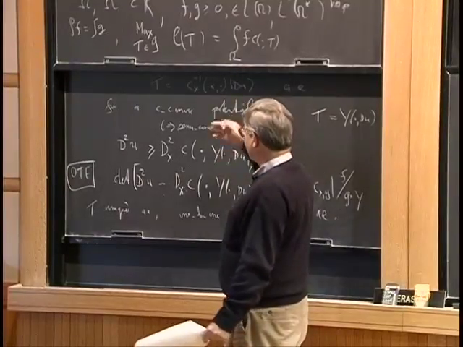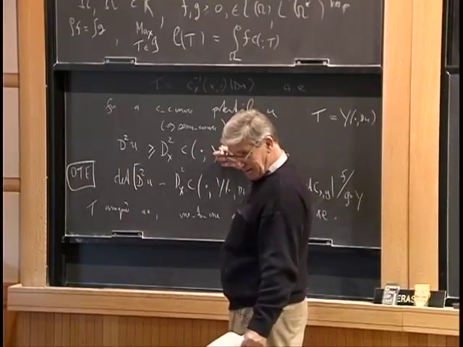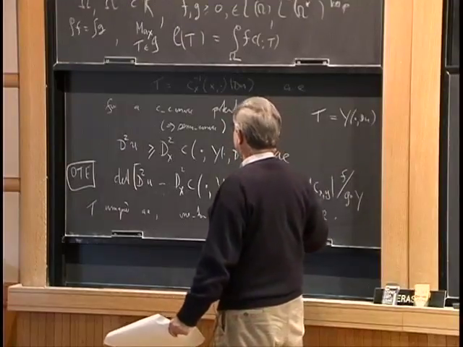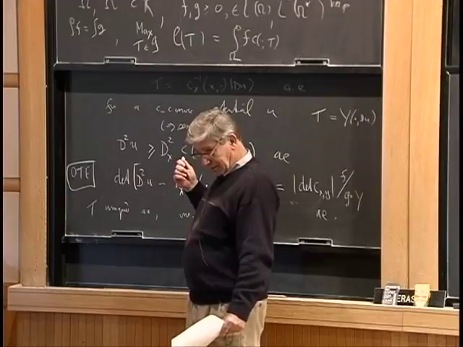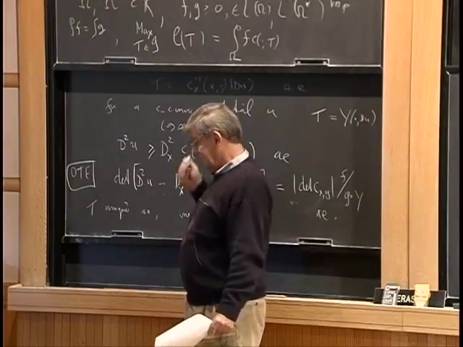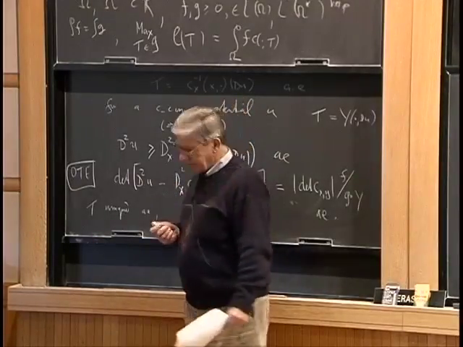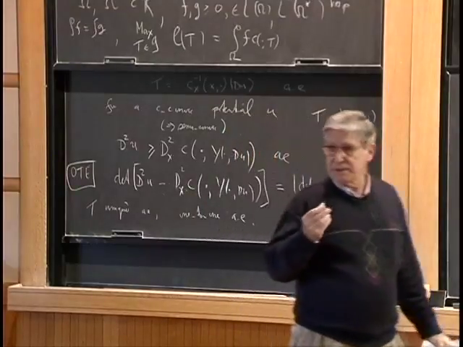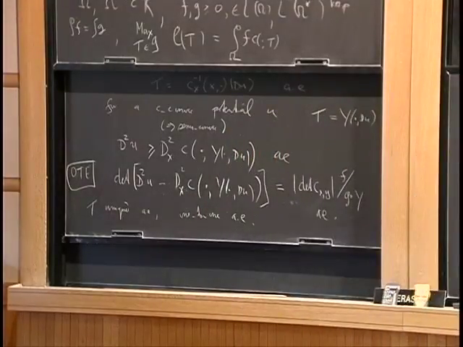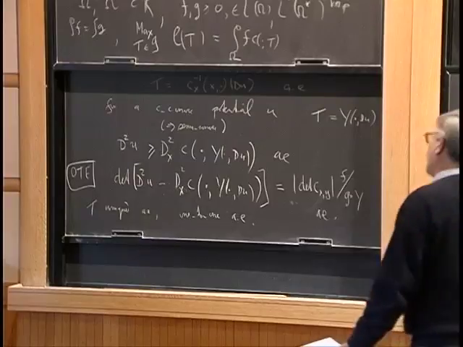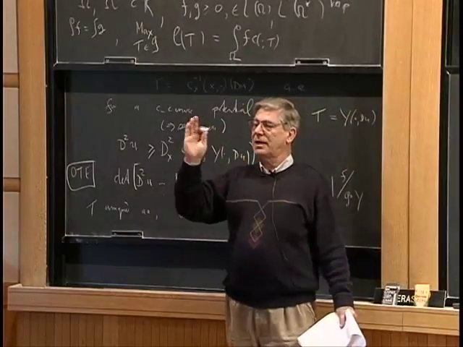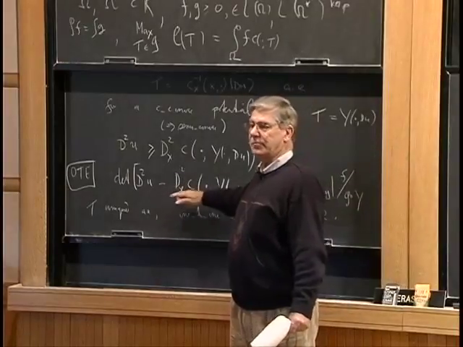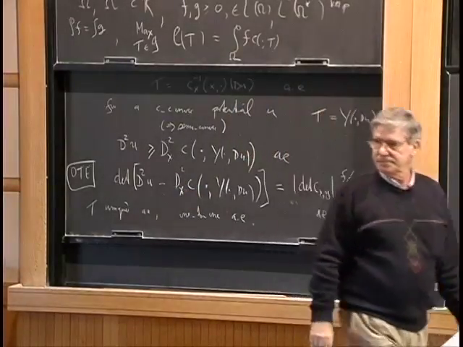But if I had a smooth solution, a smooth diffeomorphism, then the boundary condition is precisely that T is going to map omega onto omega star. If it's a diffeomorphism, then it's going to map omega onto omega star. I could have a smooth solution which is not a diffeomorphism. That means it's not going to reach all of omega star. Almost everywhere it would reach omega star.